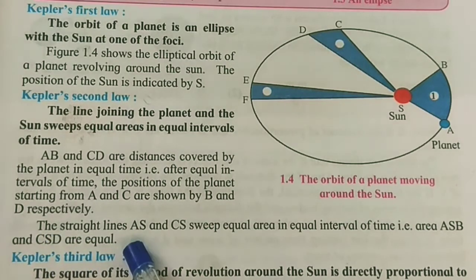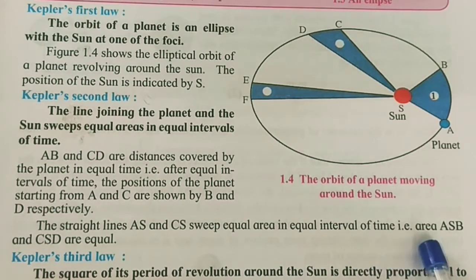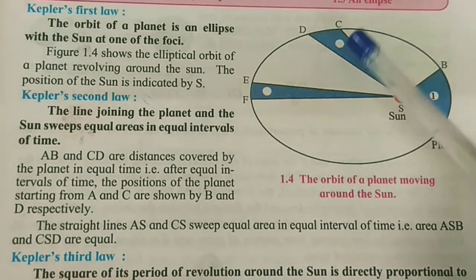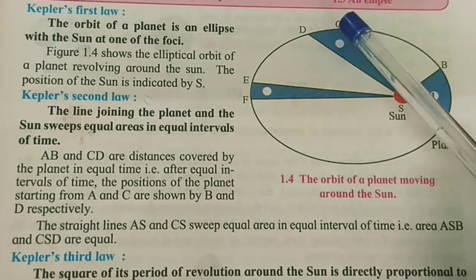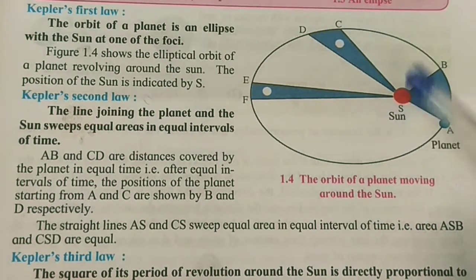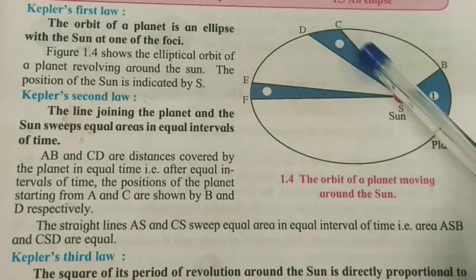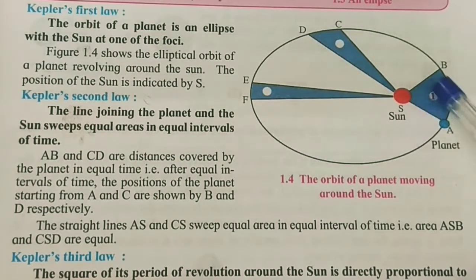The straight lines AS and CS sweep equal areas in equal intervals of time, that is, areas ASB and CSD are equal. So area ASB and area CSD, these two areas are equal. This shaded area is equal. Okay, this is Kepler's second law.